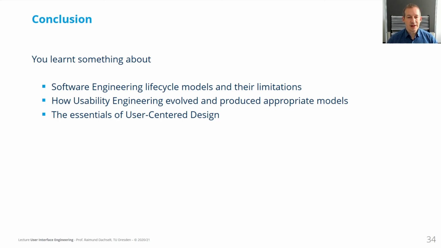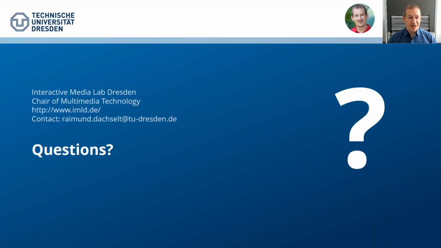And then you learned some examples for methods for usability engineering. We briefly talked about 4 different approaches here, and then what is essential for user-centered design, which are users, task, and context. So with that, I'm done with the lecture.